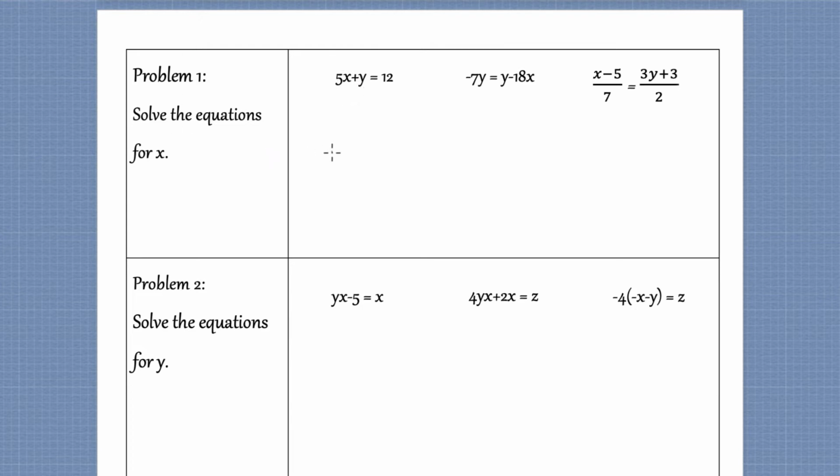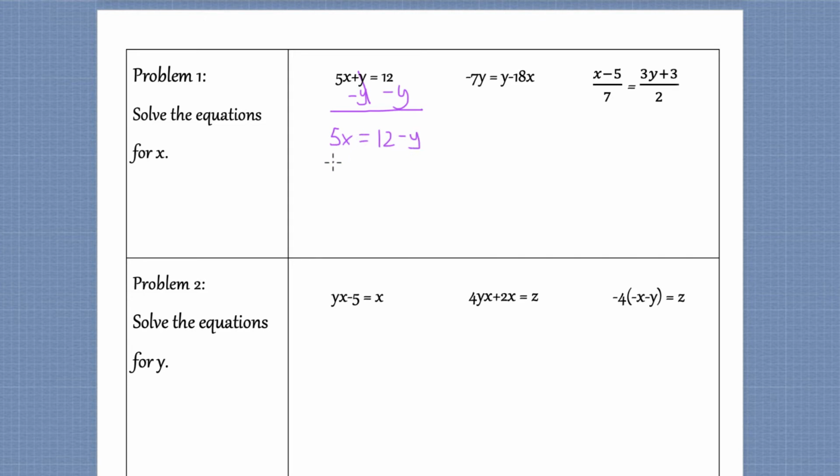side. So to do that, for this one, we have to subtract y from both sides to get us just the x term alone. So 5x, and then the y's cancel each other out, is equal to 12 minus y.